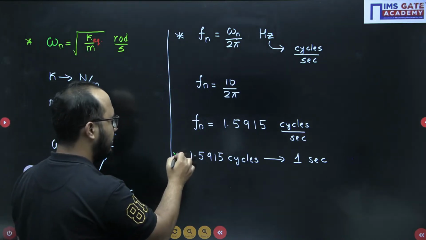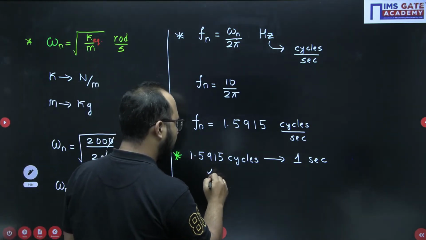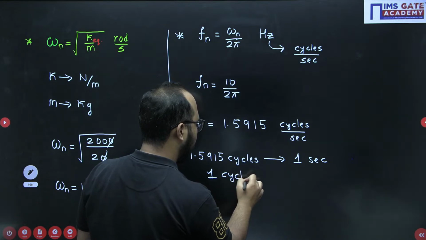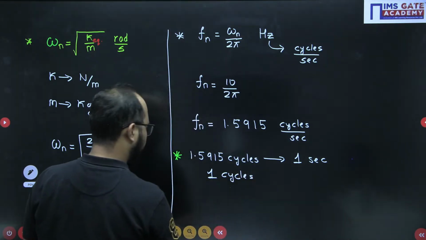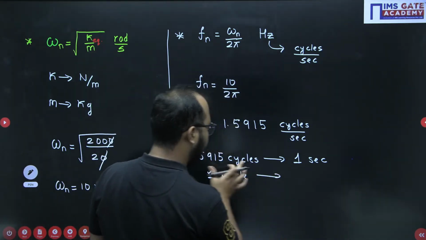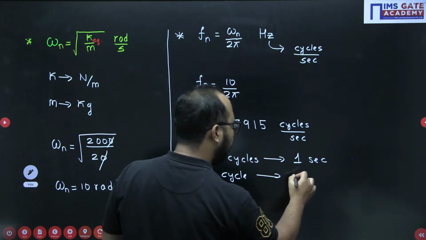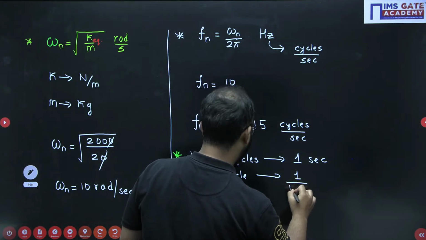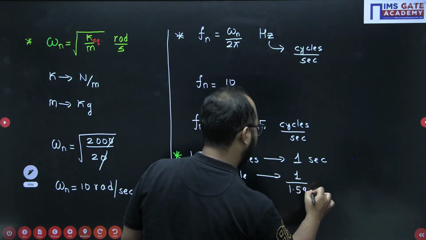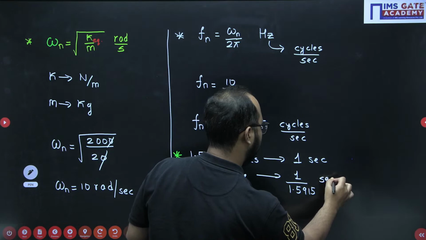Got it? Now, in 1 cycle, how much time will it take? For this many cycles, 1 second it is taking. For 1 cycle, how much time will it take? 1 divided by 1.5915 second.